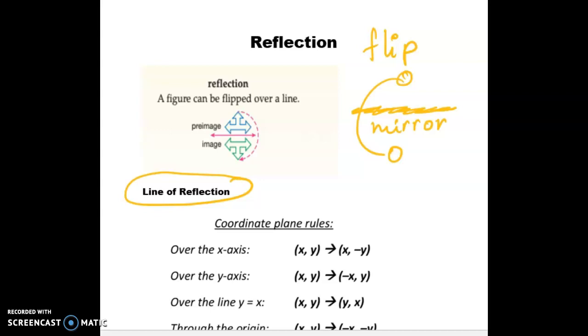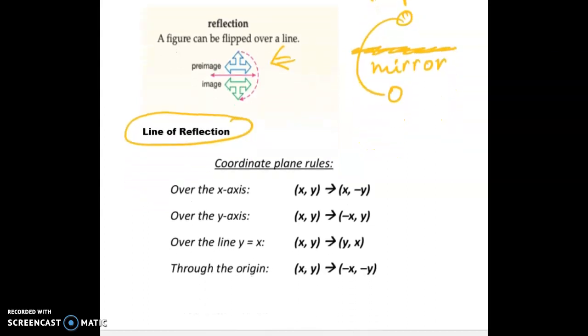So the pre-image, which is in blue right here, is reflected into the green image, and the line is called the line of reflection. There are certain rules when we have to go for reflection.